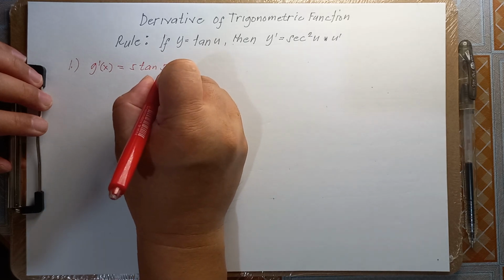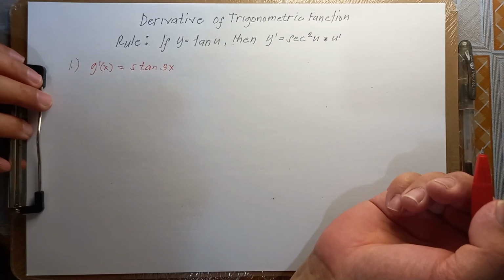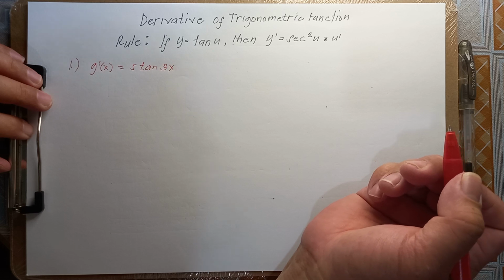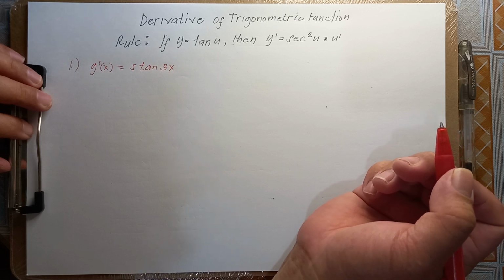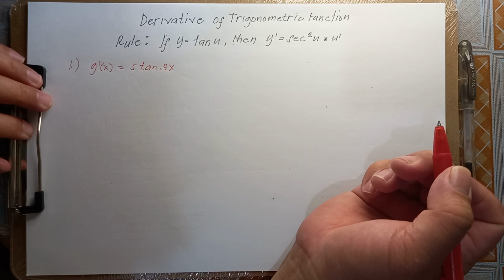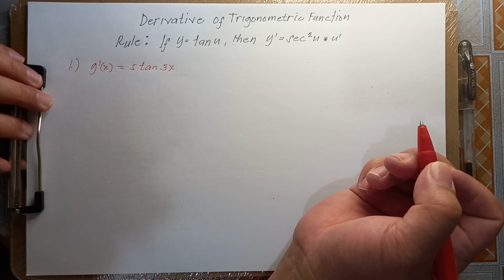Okay, 5 tangent 3x. So notice the given is actually a first derivative, that is g prime of x is equal to 5 tangent 3x.